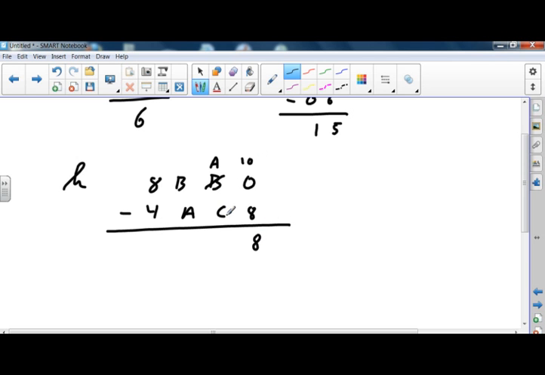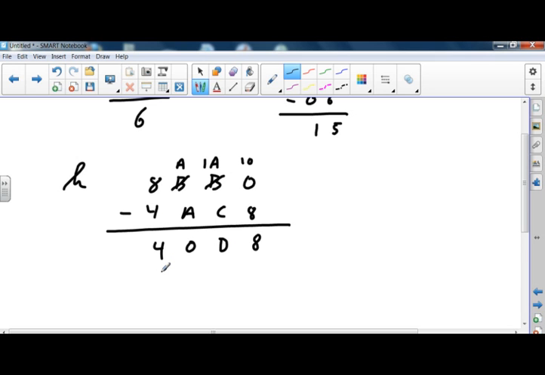I can't subtract 12 from 10. I have to borrow 1, making this an A. So this is 1A. So that's 16 plus 10, 26, minus C, which is 12, 26, that's a 14. A 14 is a D. A from A is 0, 4 from 8 is 4.